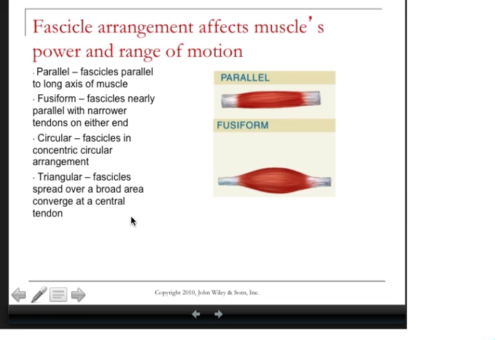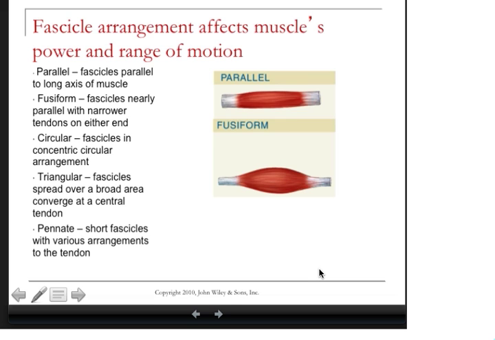Or you could have a triangular arrangement where the fascicles are spread over a broad area and converge at a central tendon. A good example of that might be the deltoid muscle. Pinnate muscles have short fascicles with various arrangements on the tendon.